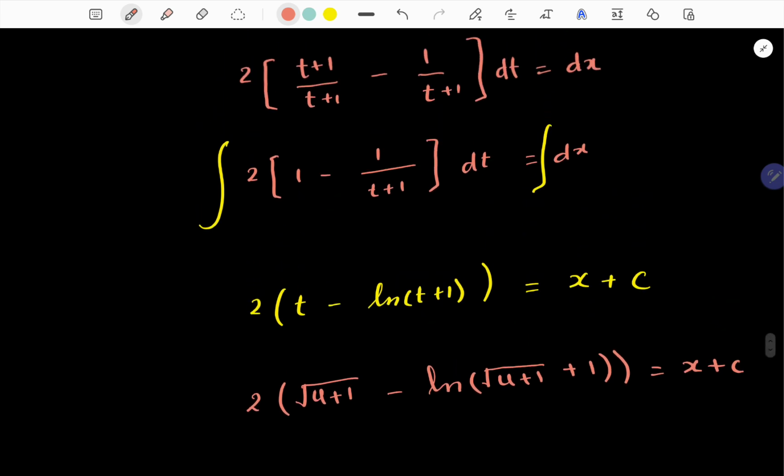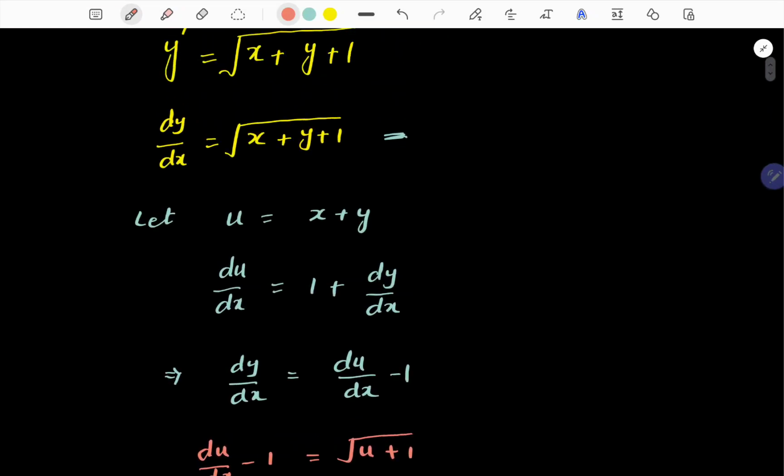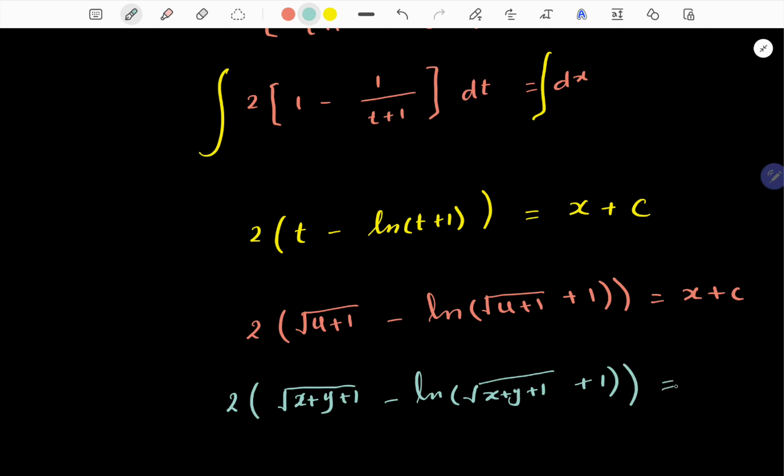Now again, what is u? u is equal to x plus y. So we substitute: 2 times the square root of x plus y plus 1, minus the natural log of the square root of x plus y plus 1, plus 1, is equal to x plus c, which is the required answer.